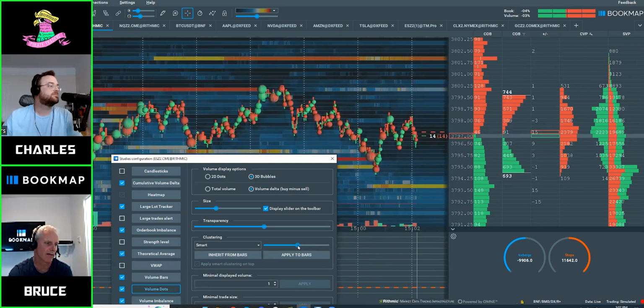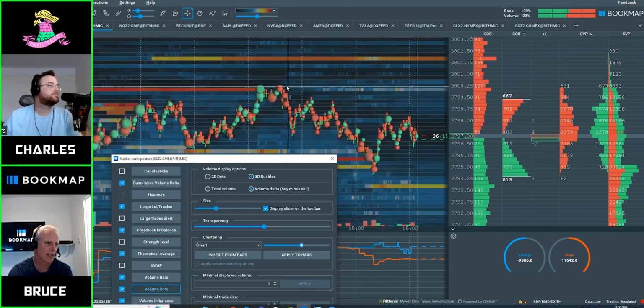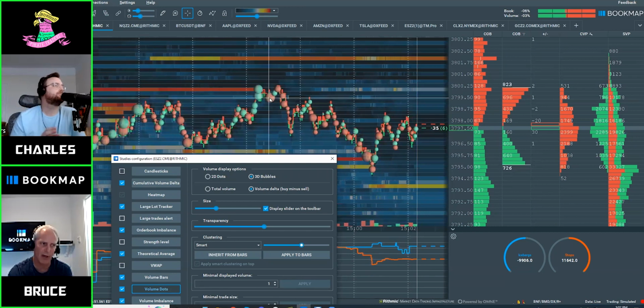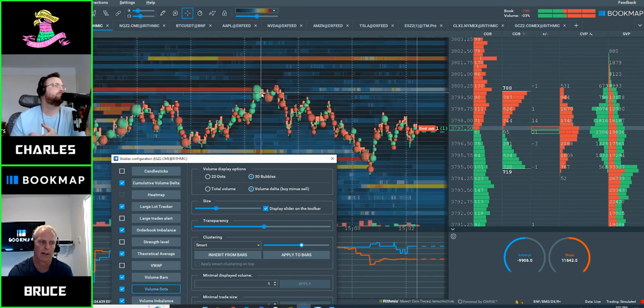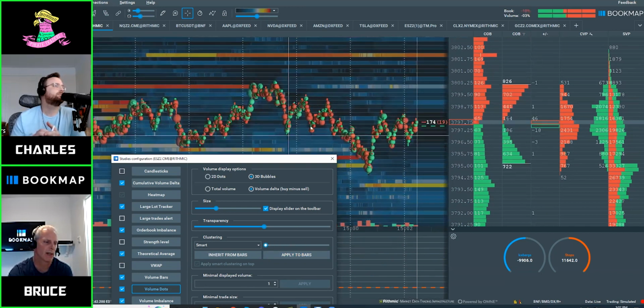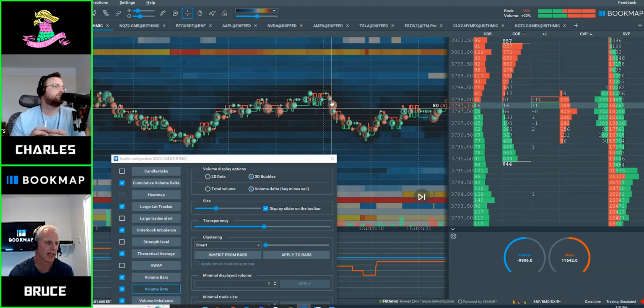But if we go kind of in the middle here, it starts to take where that volume traded by volume and by time, and then cluster it together. You'll see it if we zoom in a little bit and take a look at some of these areas.